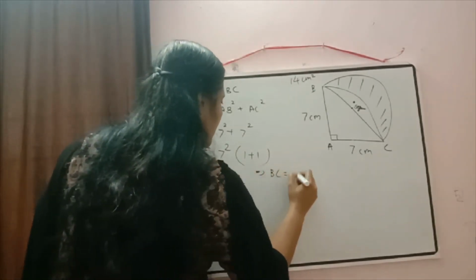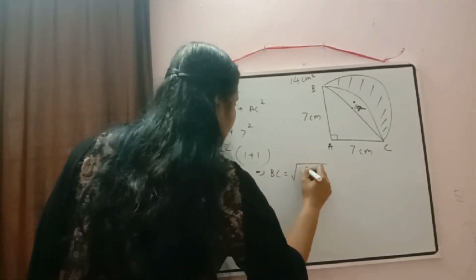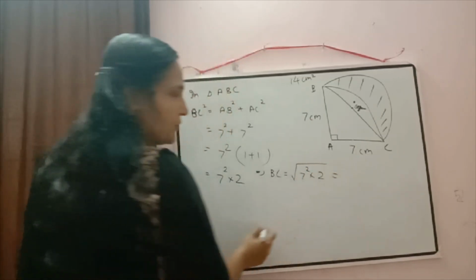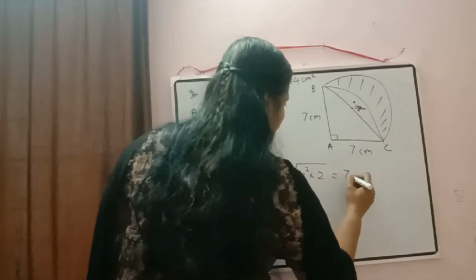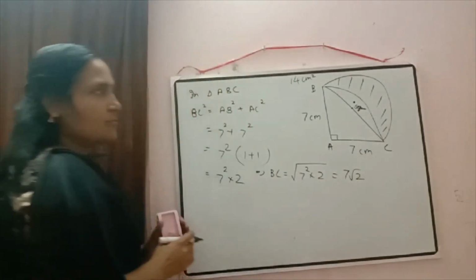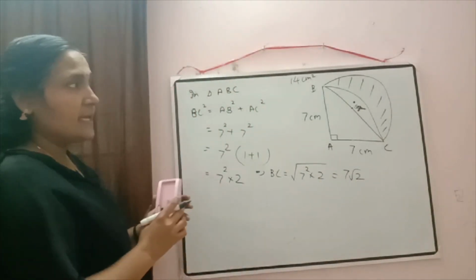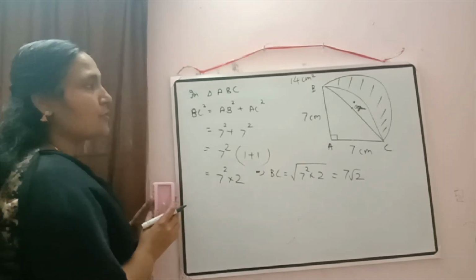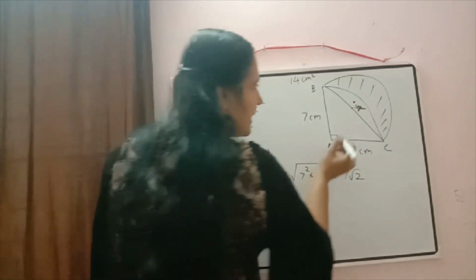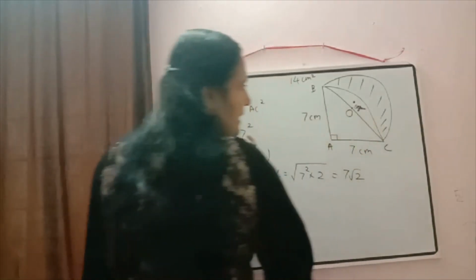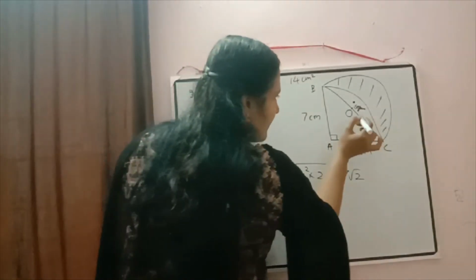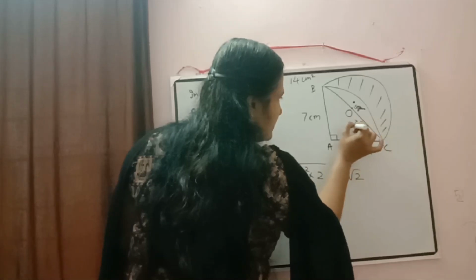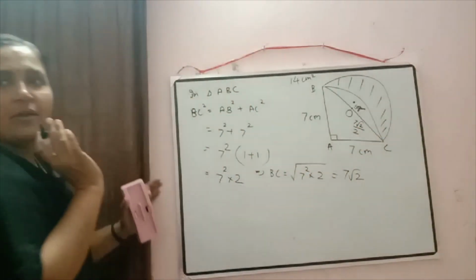So BC will be equal to square root of 7 square into 2, which is 7 root 2. Suppose I mark the center as O there; radius will be half of it, so radius is 7 root 2 by 2.